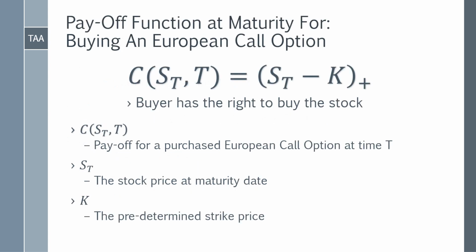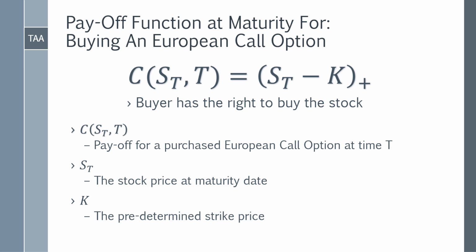So let's first look at the payoff function at maturity for buying a European call option. In this case, you're buying the call option, and therefore you have the right to buy the stock at the predetermined price at the maturity date.